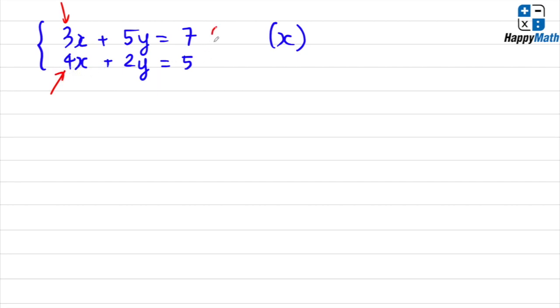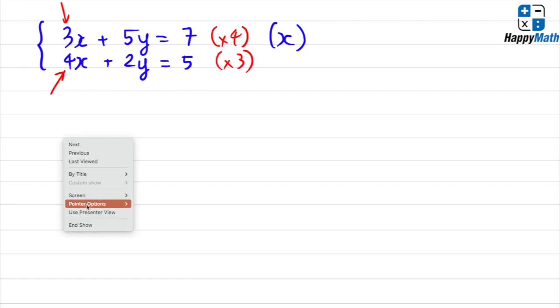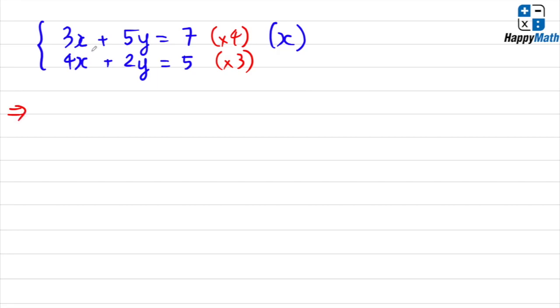So I will multiply the first equation by 4 and the second equation by 3. Okay, so what will we have after I finish multiplying? The first one, 3y multiplied by 4, 5y multiplied by 4, and 7 multiplied by 4.